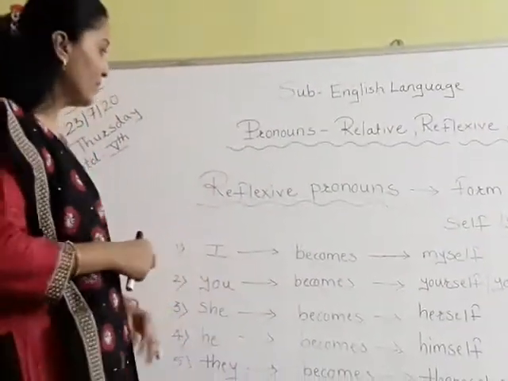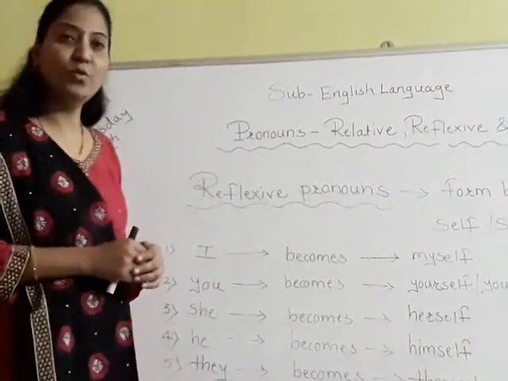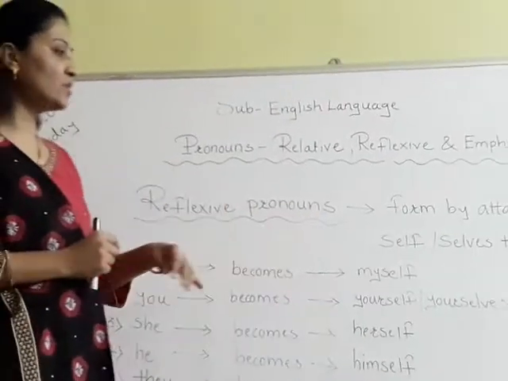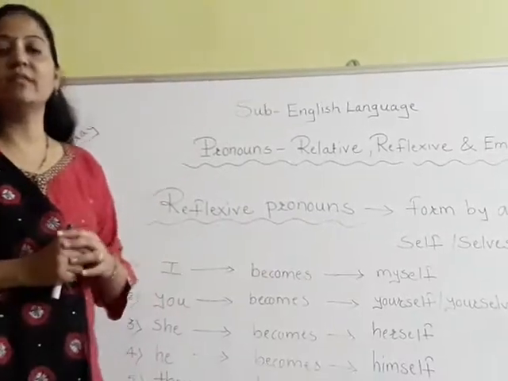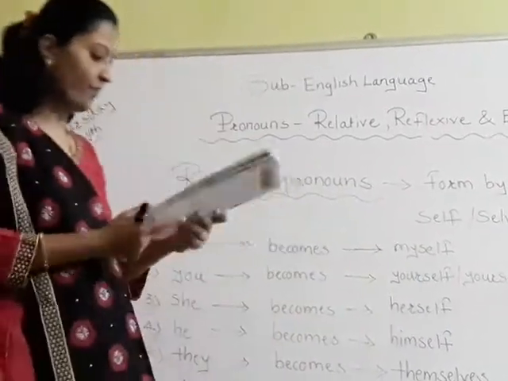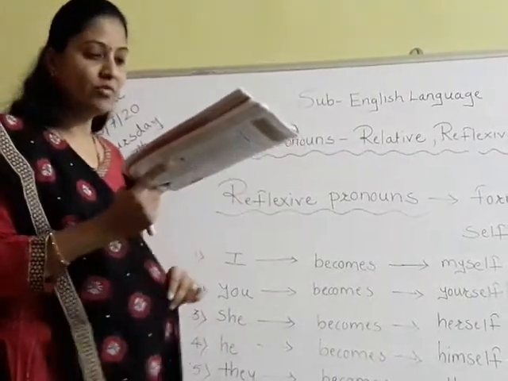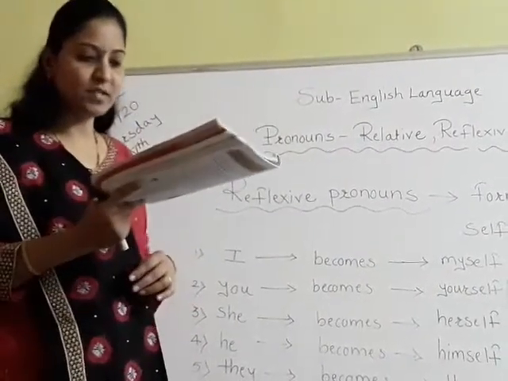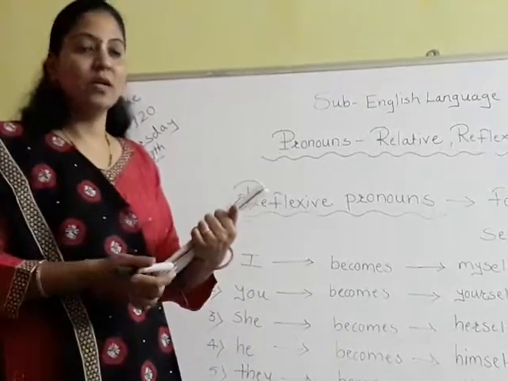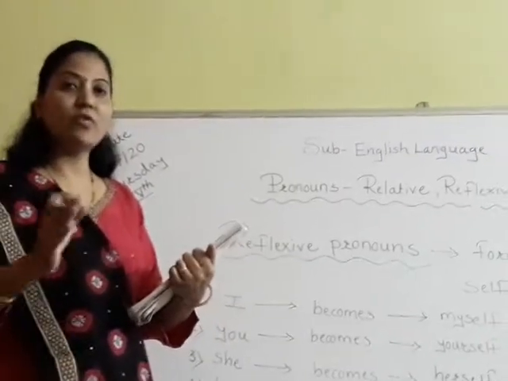So like this, all are reflexive pronouns. When we add self or selves to them, they become reflexive pronouns. A reflexive pronoun is used as a substitute for a noun. Substitute means option.